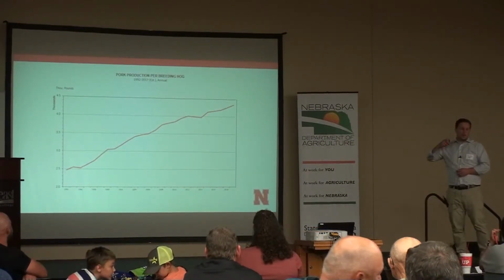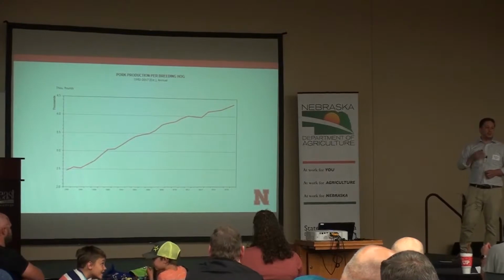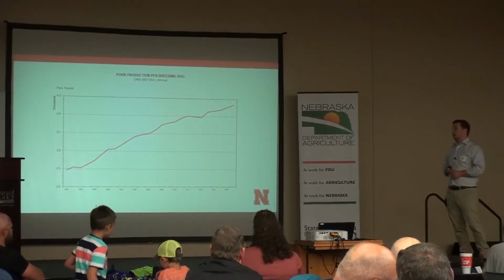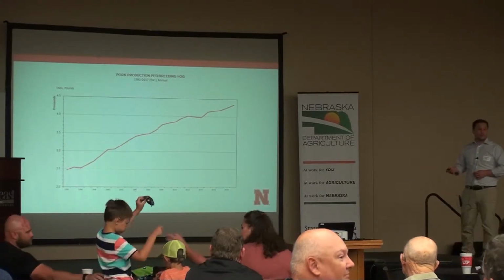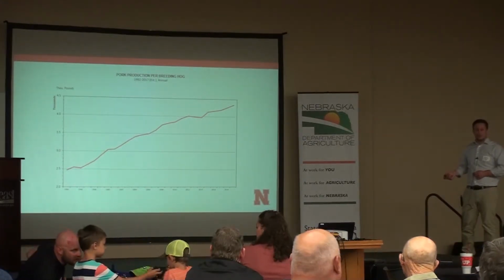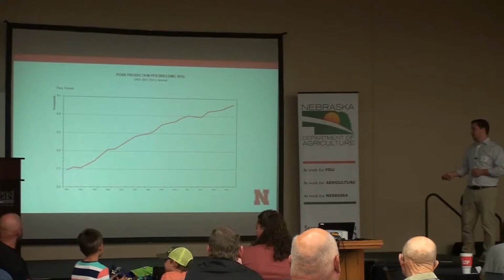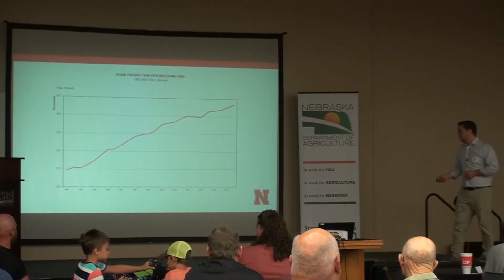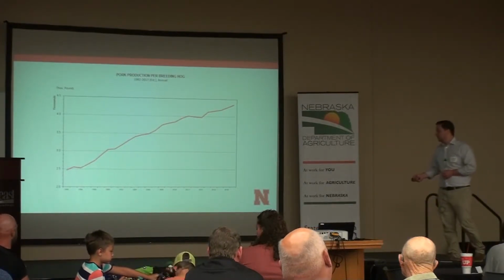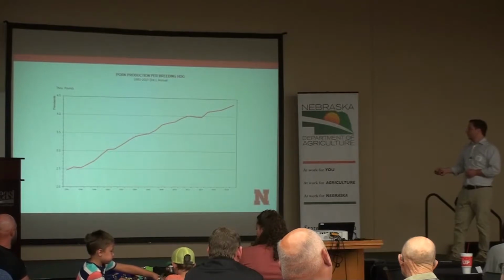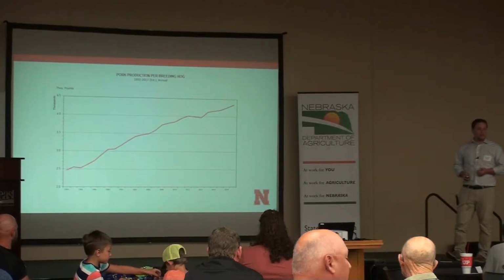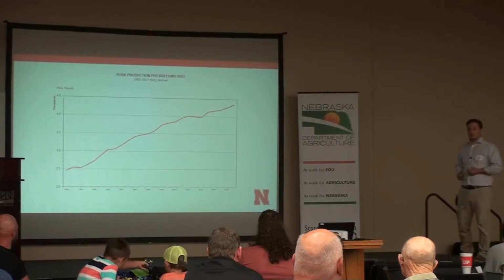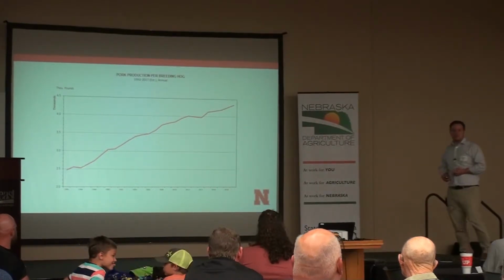So we're talking about how efficient we are at putting pounds on hogs. This is incredible. I think this is probably one of my favorite charts of this supply section, because from 1994 to now, we've almost doubled the amount of pounds put out by breeding hogs, and that's incredible.